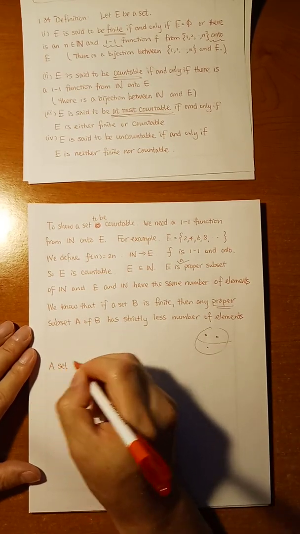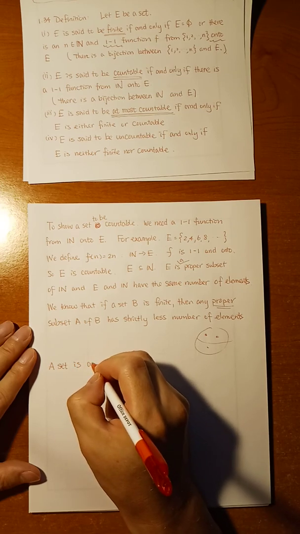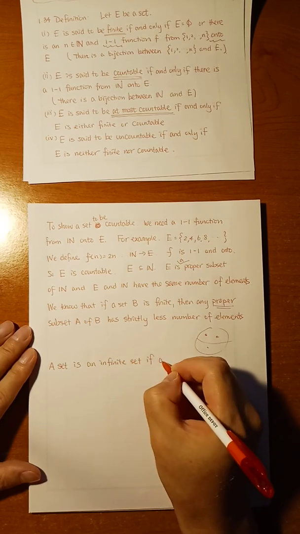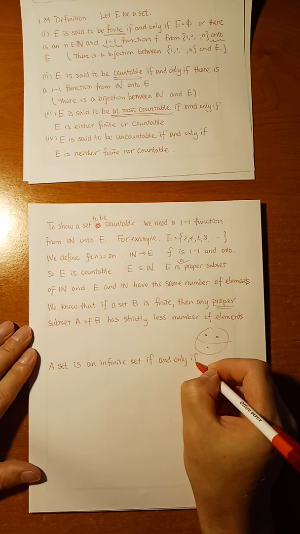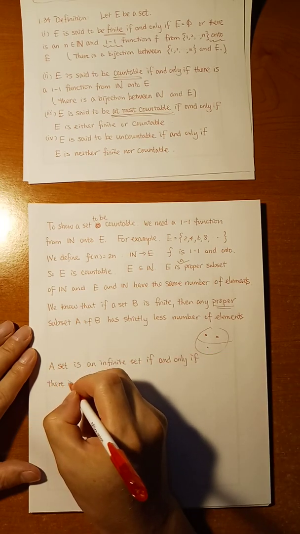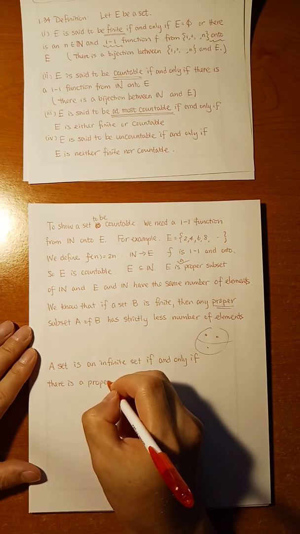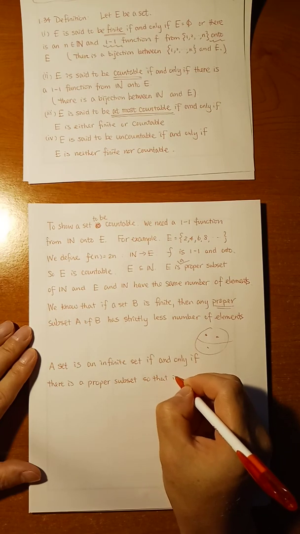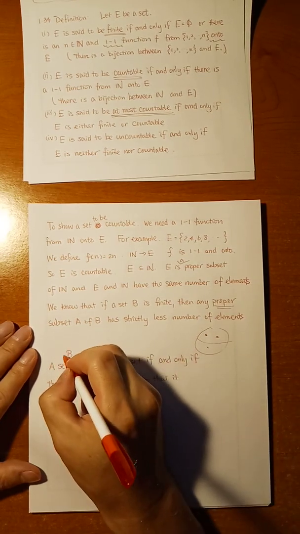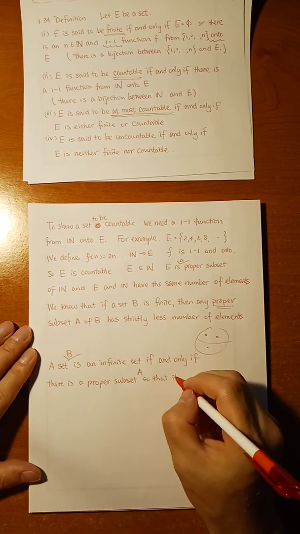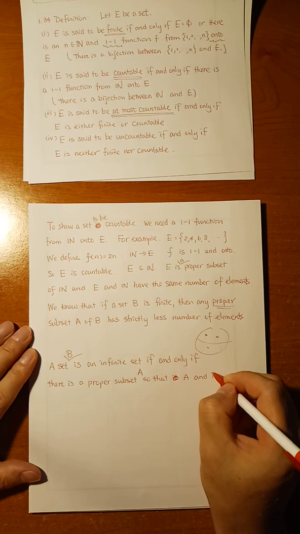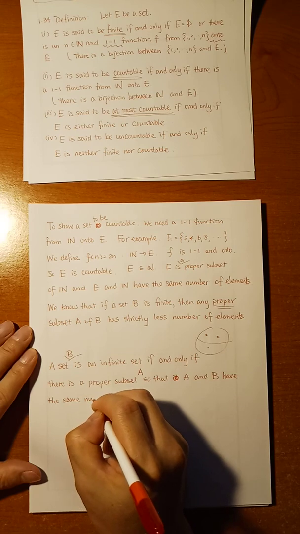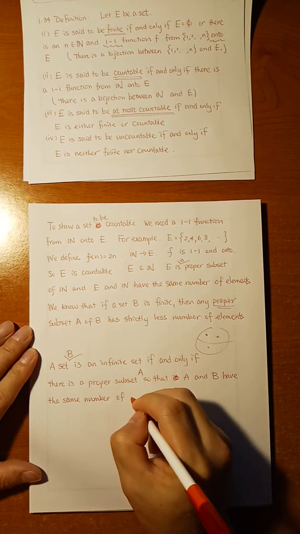A set A is an infinite set if and only if there is a proper subset, let's use B, so that A and B have the same number of elements.